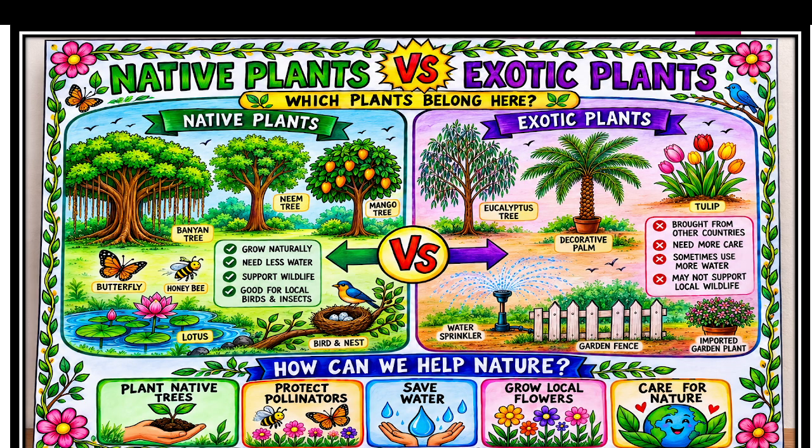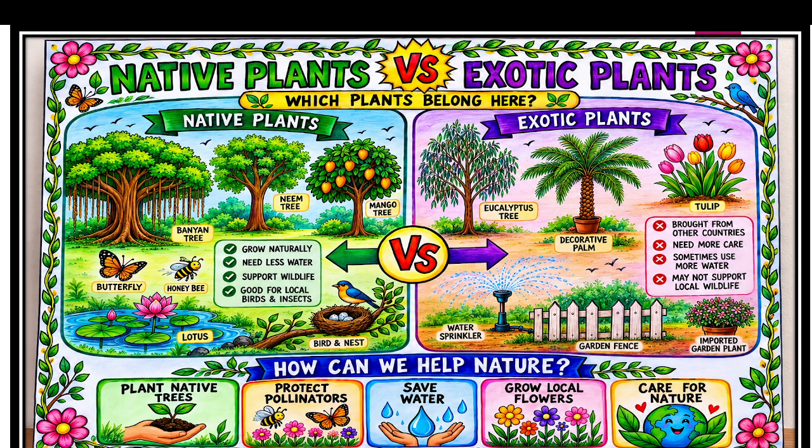Now, an exotic plant is a plant that has been introduced to a region from somewhere else. And here is the important part: exotic does not automatically mean bad. Some exotic plants can be perfectly fine in gardens and landscapes, but some introduced plants can spread aggressively and become invasive, and that can cause problems.